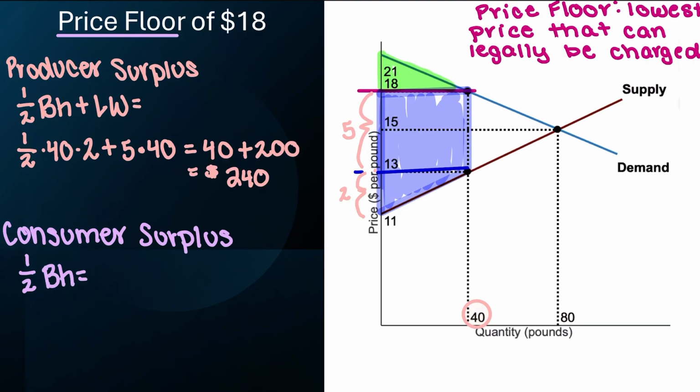So our base is going to be 40. So 1/2 times 40. And then our height is going to be 21 minus 18, which is 3, which gives us a consumer surplus of 60.